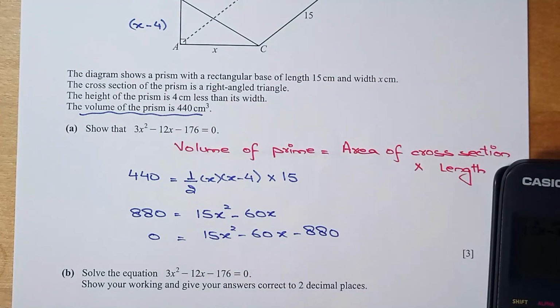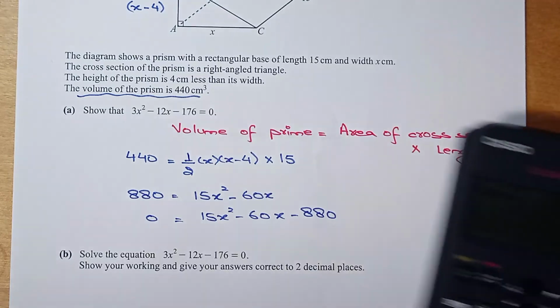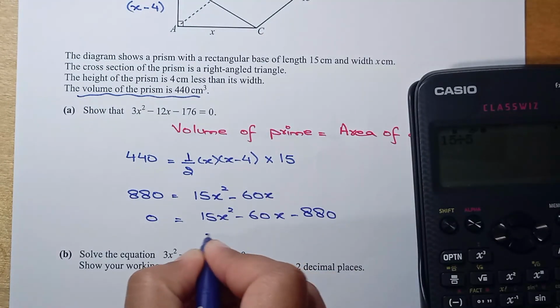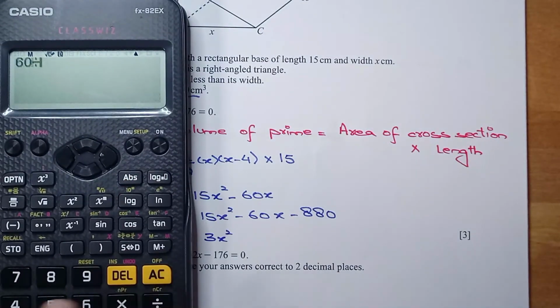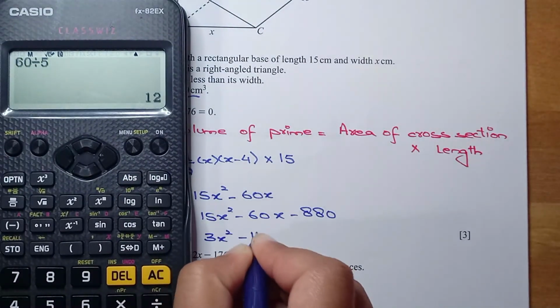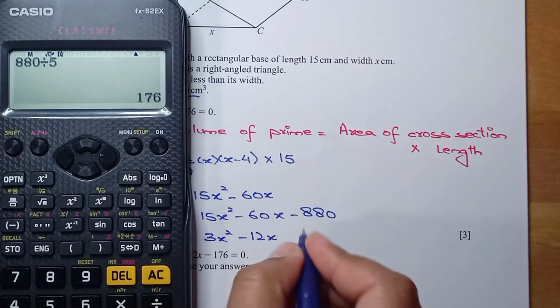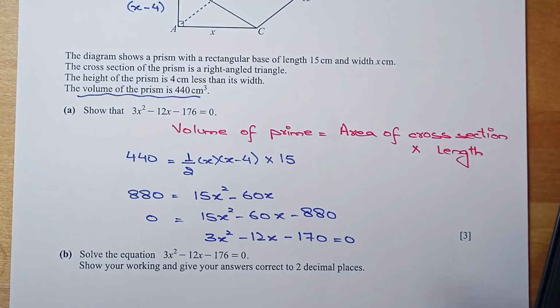Okay, so we can divide throughout the equation with 5, right? So 15 divided by 5 is 3. So we have 3x square, and 60 divided by 5 is minus 12x, and 880 divided by 5 is 176, equals 0. So this equation exactly matches with this one.